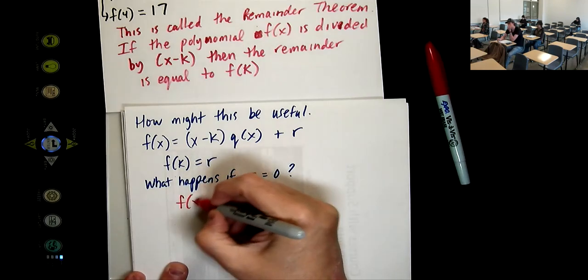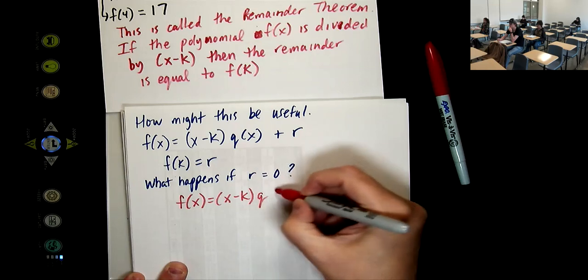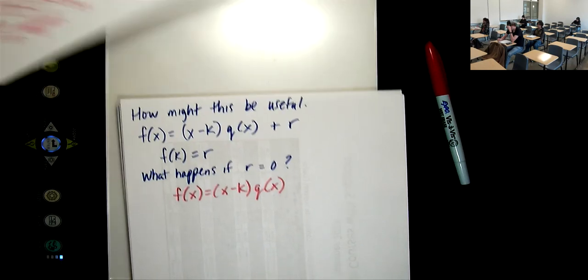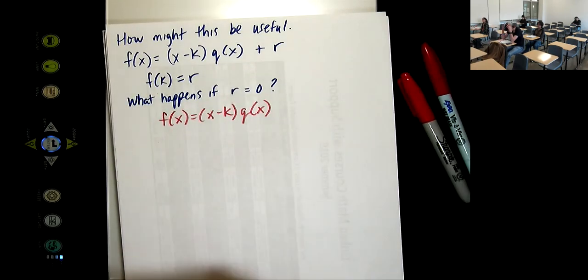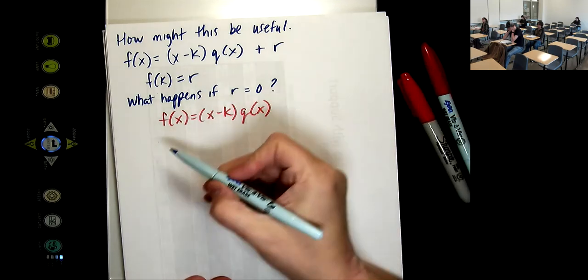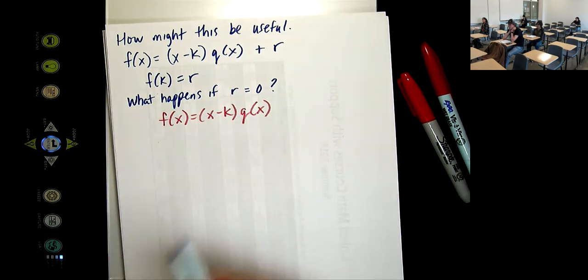So now f of x equals x minus k times q of x. What does that say about x minus k? So I'm going to push it with a smaller one. Let's do that.